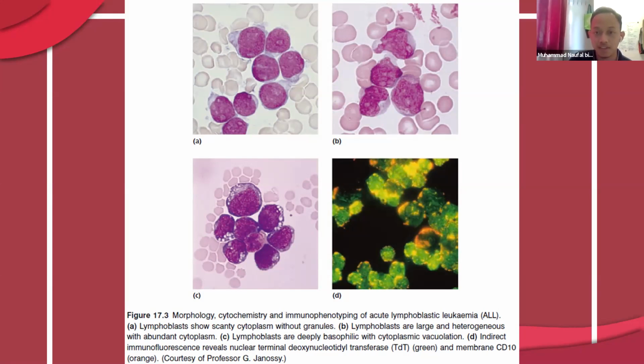And the second one, we can see the lymphoblasts are large and heterogeneous with abundant cytoplasm. The third one, we can see cytoplasmic vacuolation. And the last one is the direct immunofluorescence, which reveals the nuclear terminal deoxynucleotidyl transferase. So the A is, from the classification that I stated before, L1, the B is L2, and the C is L3.